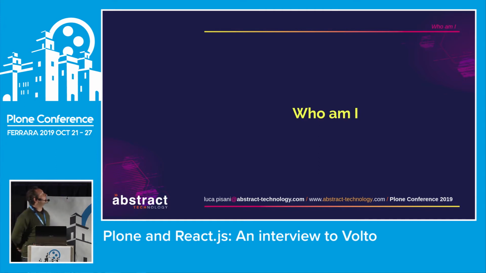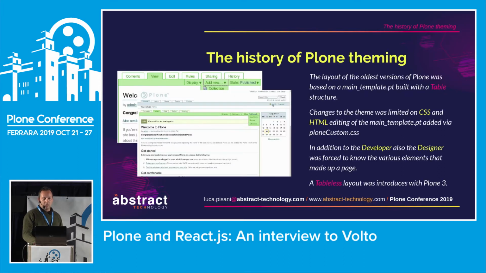We started with Plone 2.5 to 3, and up to the present Volto, the new front end to present Plone. In the earlier versions of Plone, you have the main template with a table structure.